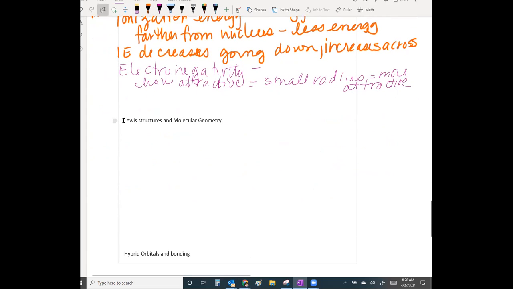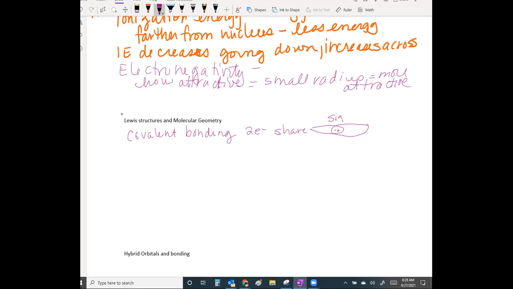Now we're on to Lewis structures. Lewis structures are talking about covalent bonding, which is when two electrons share. The orbitals overlap and the electrons share.